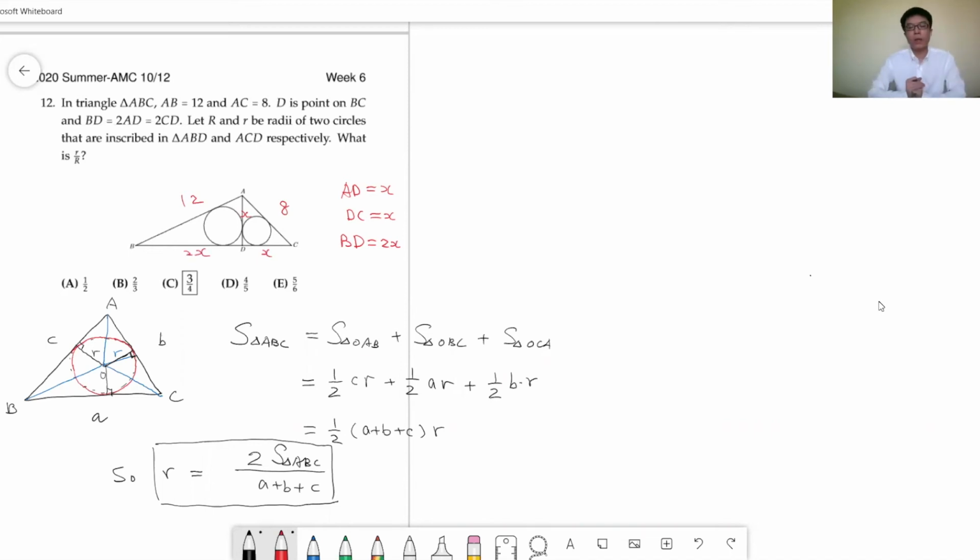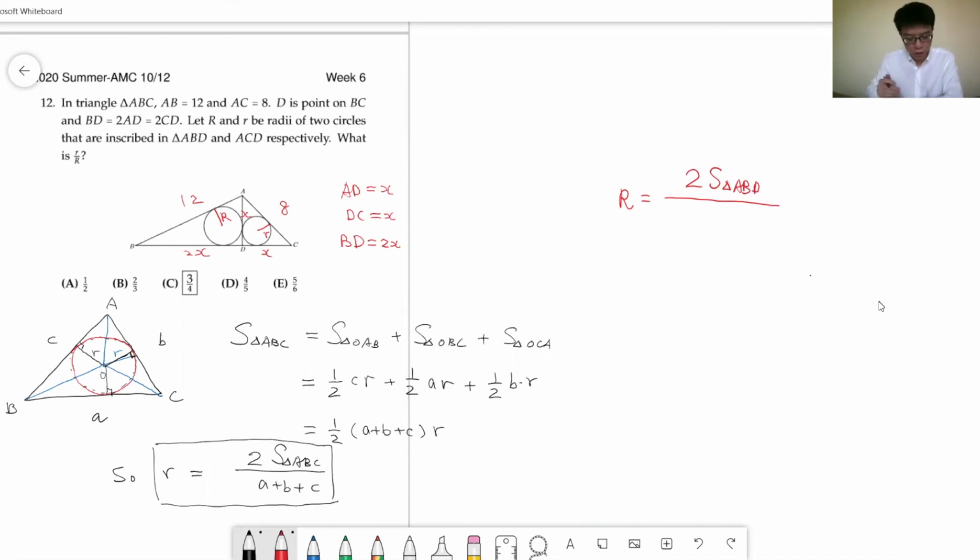And in this way, we can express the perimeter. All right. The big radius is R, capital R. The small radius is little r. Okay. So we know capital R is twice the area of triangle ABD divided by the perimeter of triangle ABD.